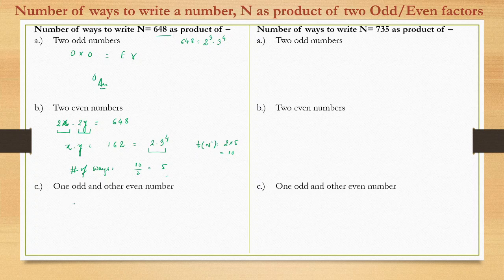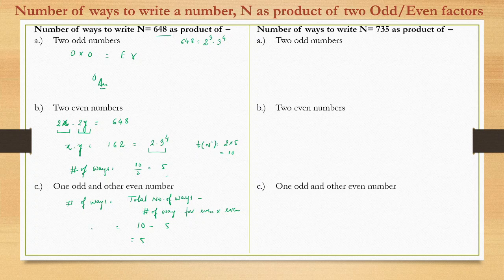So what remains is one odd and the other even. So the number of ways would be the total number of ways minus the number of ways for even into even cases. So this we know. What is this? Total is 10 minus 5. This gives 5.